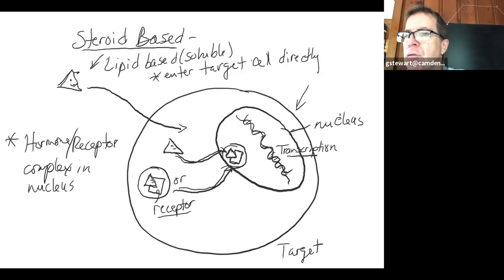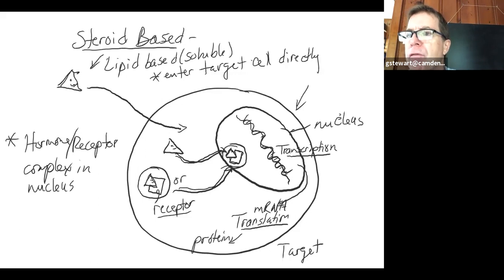That's called transcription. And then that messenger RNA, after it's processed, makes its way to a ribosome in the cytoplasm where translation occurs. And we make a protein.